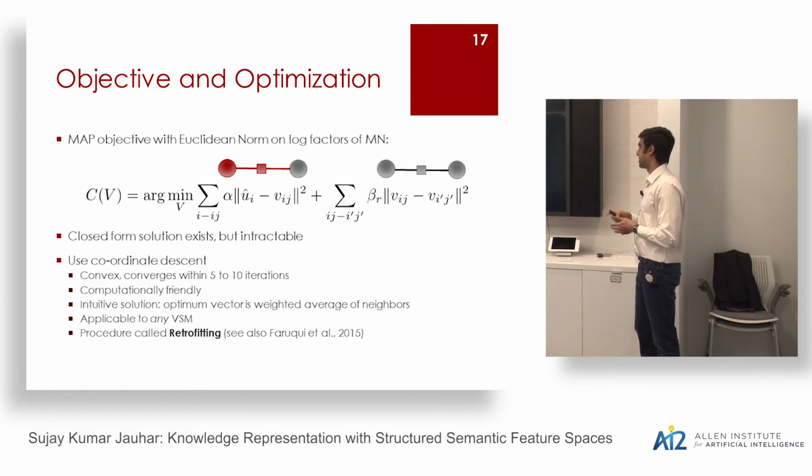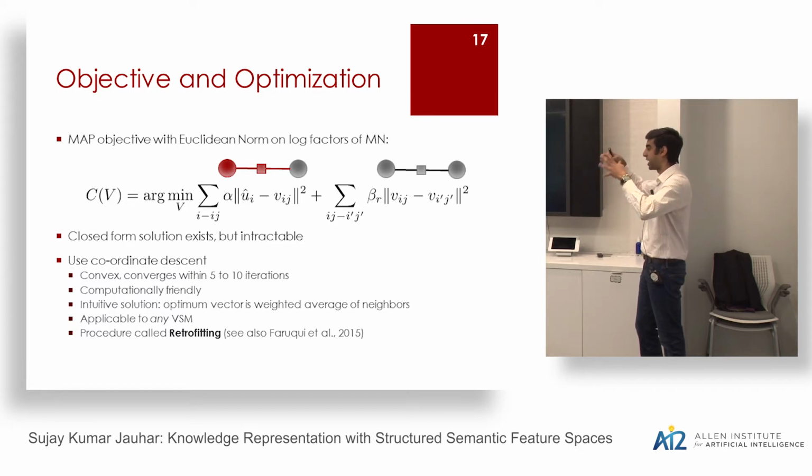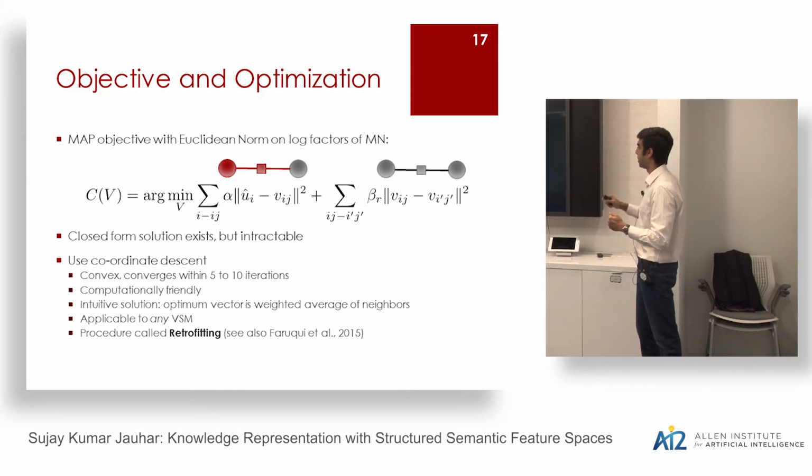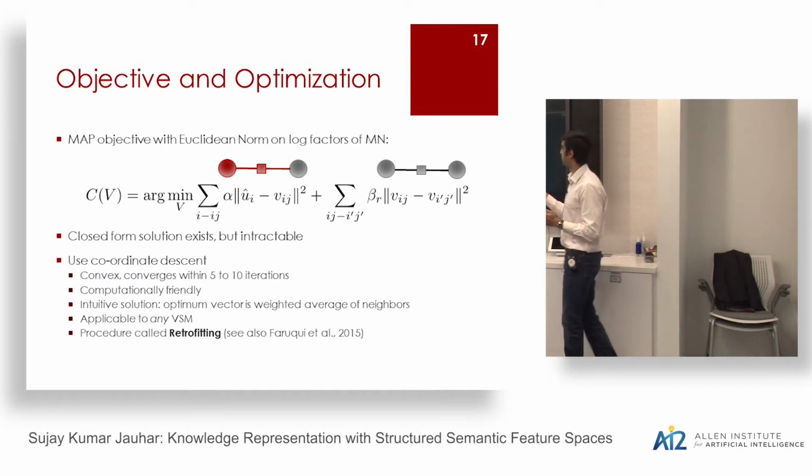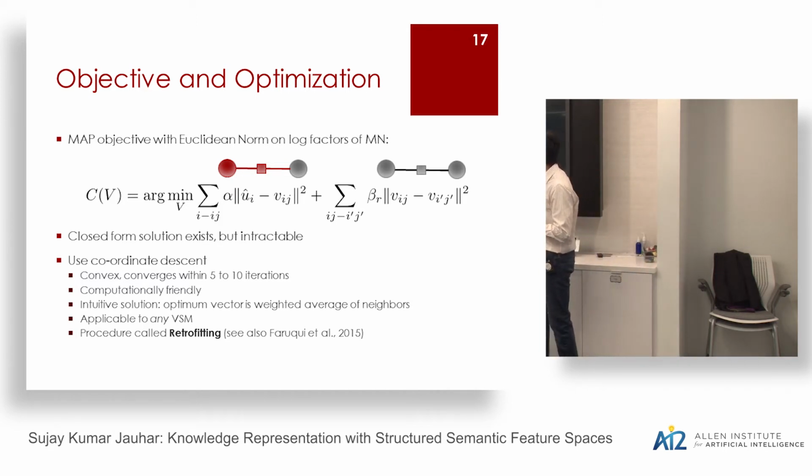So mathematically, this is how it looks. You basically have a MAP objective defined over the energy of the Markov network, and you place Euclidean norms on each of the clique potentials. It's basically a weighted sum of all the clique potentials we defined on the previous page. So you have things you want to be closer together: a multi-sense single vector and each of the different senses you want them to be close together.